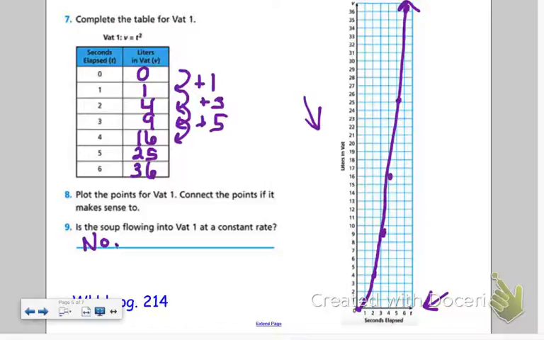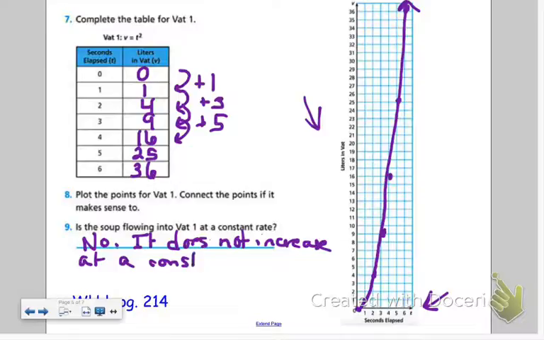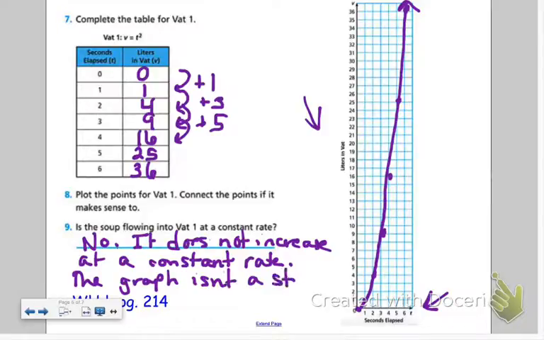So no, it does not increase at a constant rate. The graph isn't a straight line.